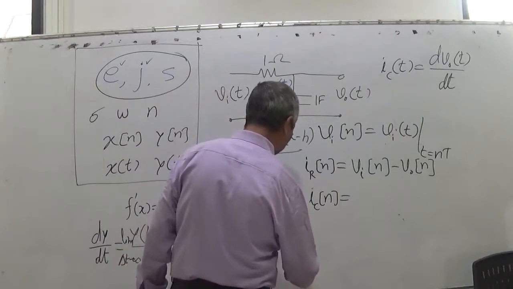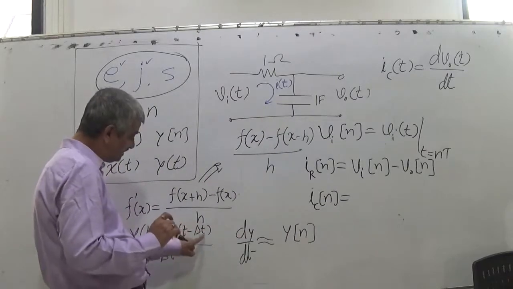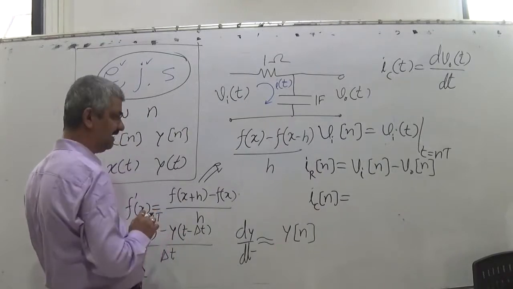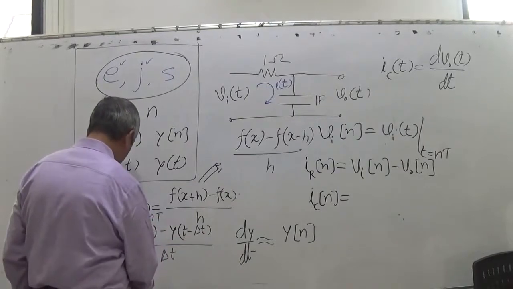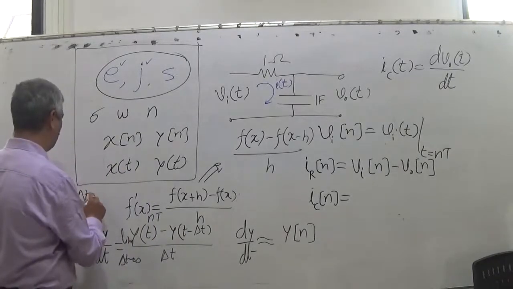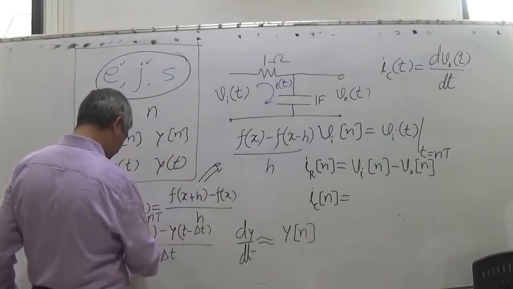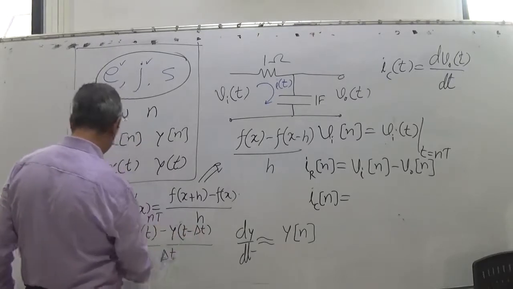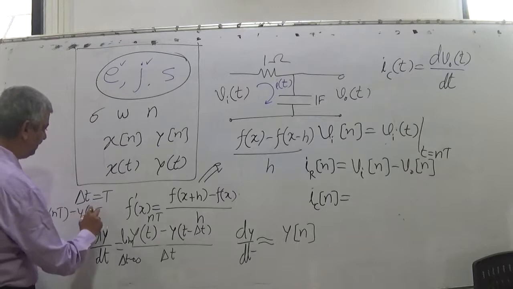It is y of n, the current sample, minus y of the previous sample, where t is equal to nT. And delta t, if I am using as sampling interval very small equal to T, then y(t) is y(nT) and this is y(nT minus T).